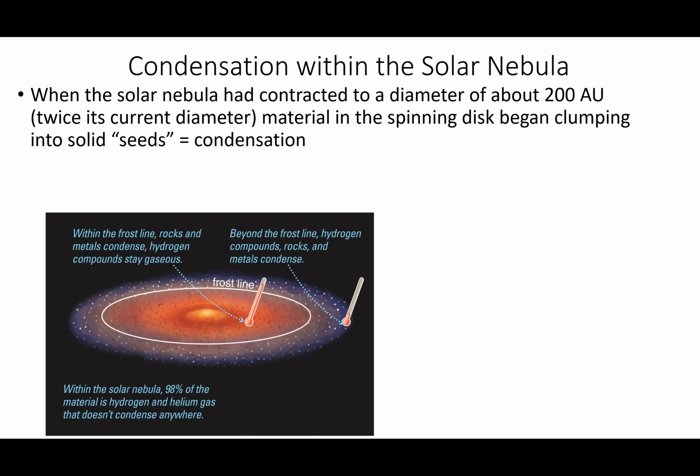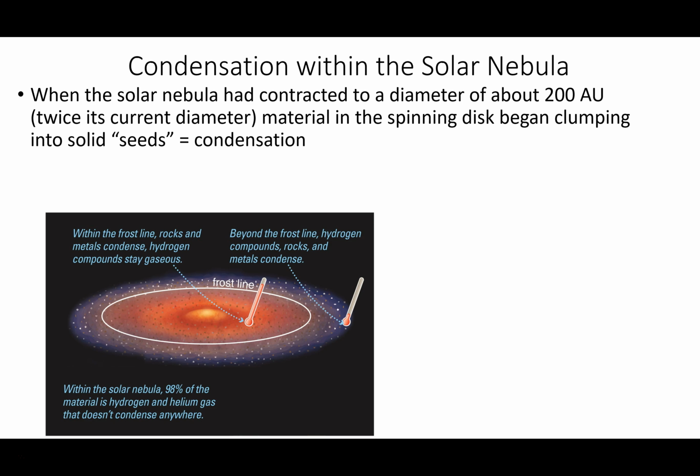Now there's an important concept called the frost line. So what is between Mars and Jupiter? The asteroid belt. Yep. The asteroid belt demarks what we call the frost line. Where is it hotter, closer to the sun, or out here?